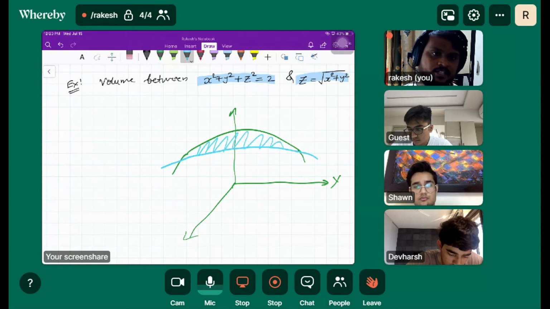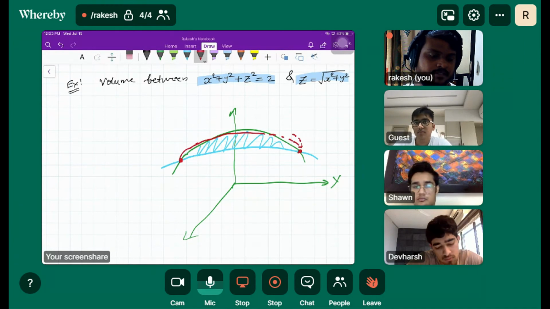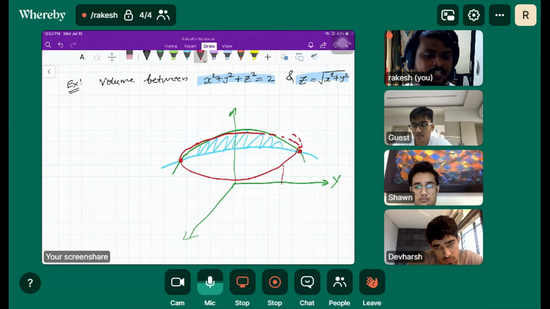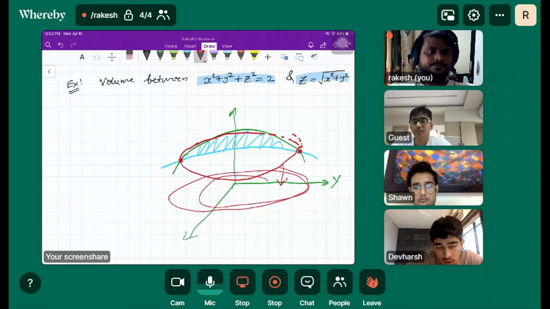Are you getting that? It will give you a sense of level curve. See, this is basically the level curve. Are you getting that? This is going along x like this. So you can project this level curve on the xy plane to have a better understanding of the region. Are you getting that?